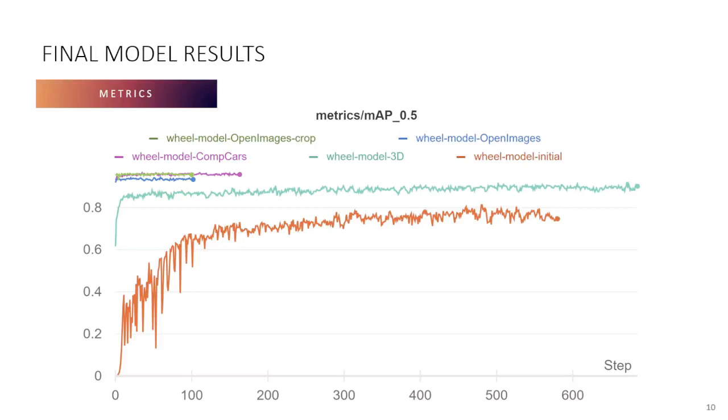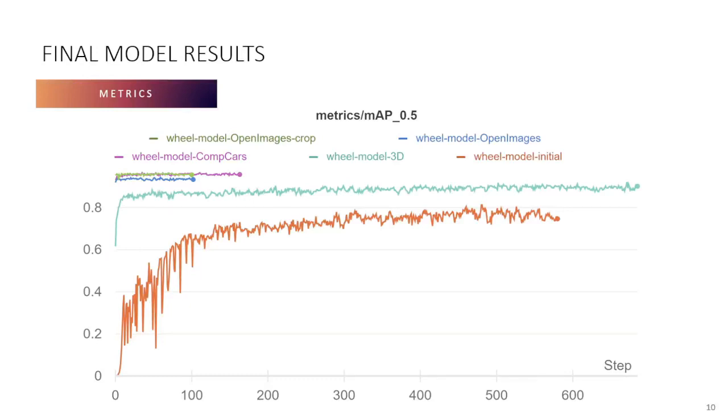If we look at the metrics here, initially the model did not perform as well as with the introduction of the synthetic data. But the interesting part was that the introduction of comp cars improved the metrics of the mean average precision, but the following data set, which is the open images, performed worse in this case.